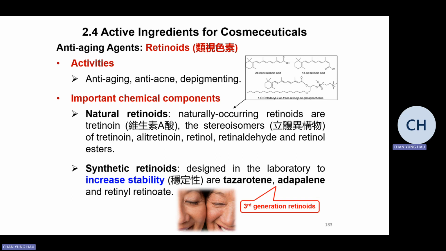Synthetic retinoid is rather stable, for example tazarotene and adapalene, which are the third generation retinoids. Natural retinoid is very difficult to formulate because it is very unstable and photosensitive, so it will degrade under light.